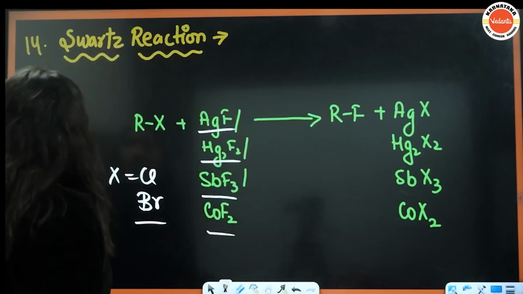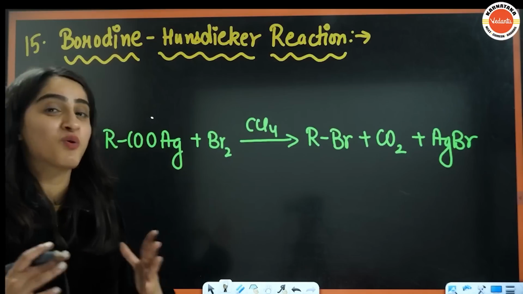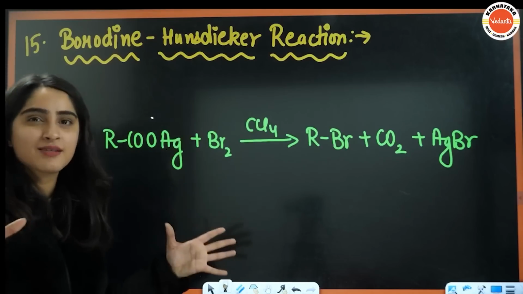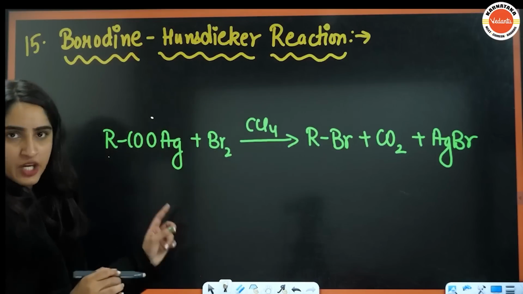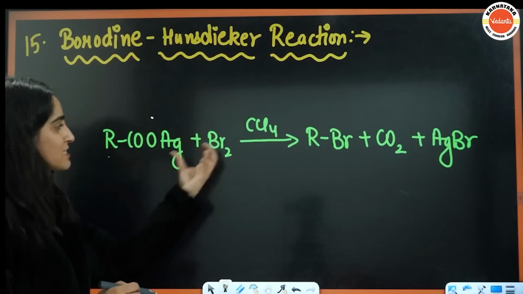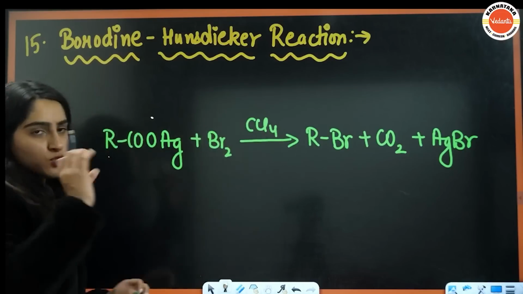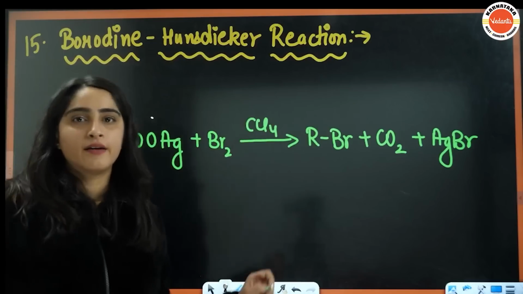Okay, so now next is the Borodin-Hunsdiecker reaction. The name is so heavy. So what do we do here? Here we have RCOOAg, the silver salt of a carboxylic acid, and Br2 in CCl4. Always remember this: students always get confused between this reaction and the HVZ reaction.